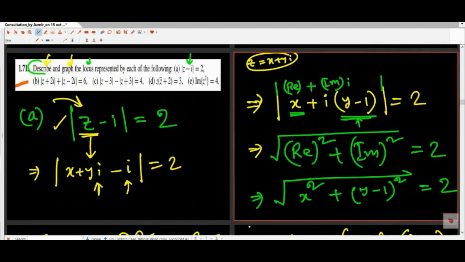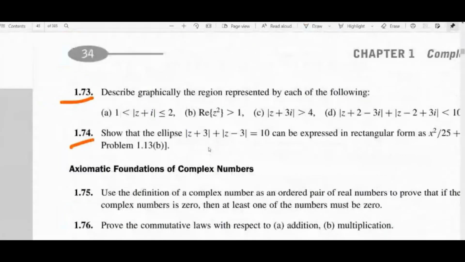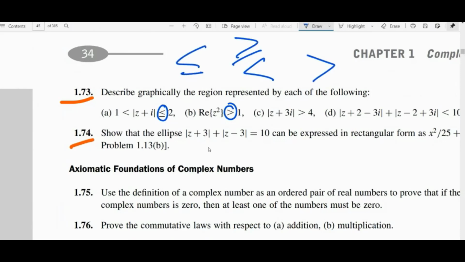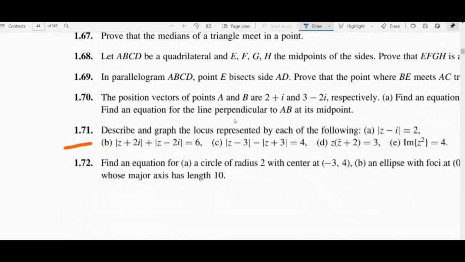There are some problems in the next section, where the same concepts are with less than, equal or greater than. Okay, so it may be less than, it may be greater than, it may be less than equal, it may be greater than equal. But the problems that you have in 1.71, these are with equal sign.